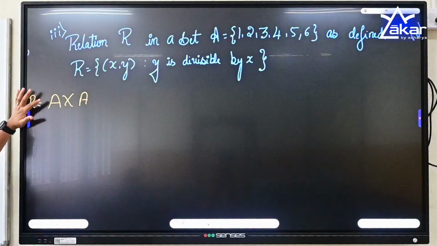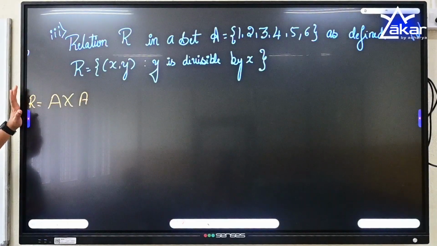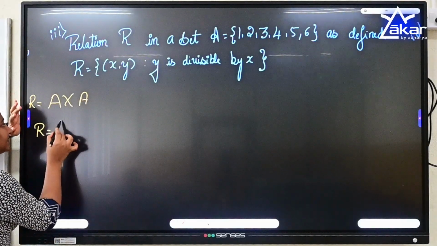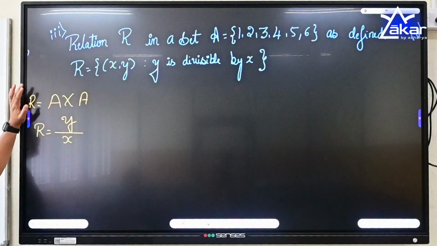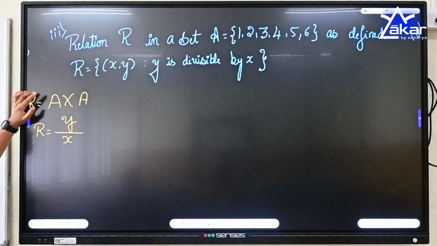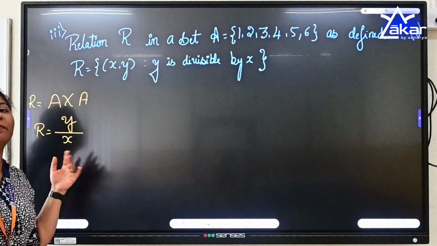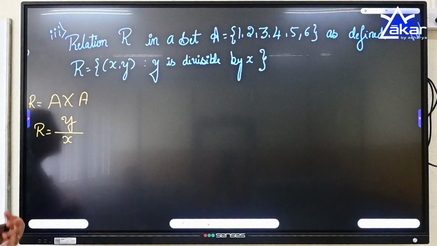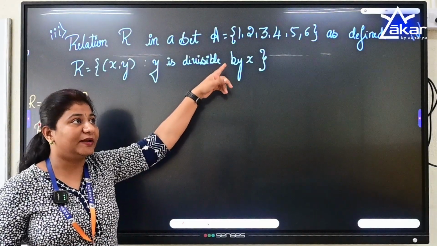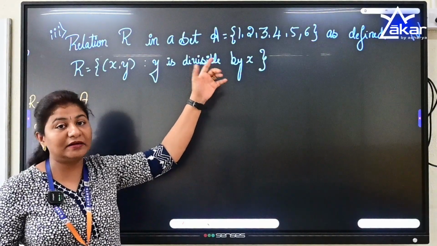So how do you have to check? The R condition states that y is completely divisible by x. Completely divisible by x means all the elements are divisible by themselves, meaning it has its own reflexive. Now, is it possible that 2 divides the value of 1?